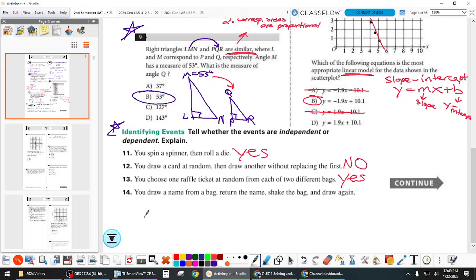Okay, you draw a name from a bag and return the name, shake the bag, and draw again. Independent or not? What makes it independent? If I stick it back in there, isn't it like Bailey used the word yesterday, reset? Isn't it resetting?